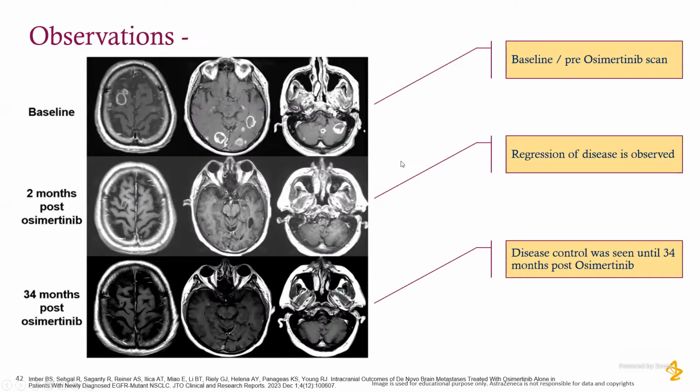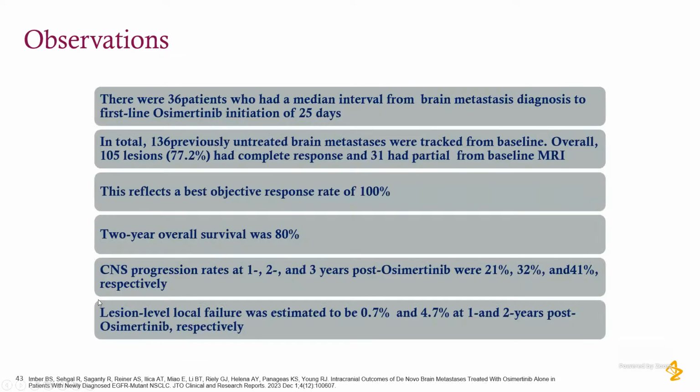This is one example of a patient who had a CR after 2 months and continued to have response in brain imaging for almost 3 years post osimertinib. All 36 patients had brain metastasis, and 2 year overall survival was 80%, and CNS progression rates at 1 year, 2 years, and 3 years post osimertinib were 21%, 32%, and 41% respectively.